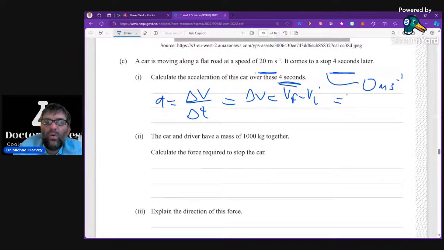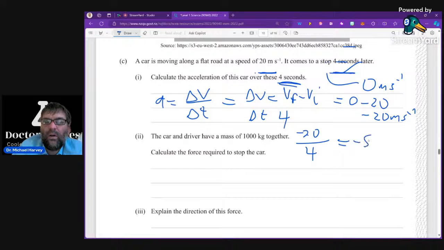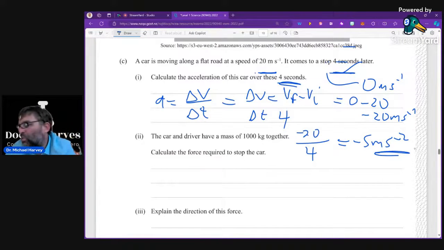That equals final velocity is 0 minus 20, so minus 20 meters per second. And our change in time is from the question, there it is, 4 seconds. So minus 20 divided by 4 equals minus 5 meters per second per second. So be careful with the units, of course, because now we're talking about acceleration, not velocity.